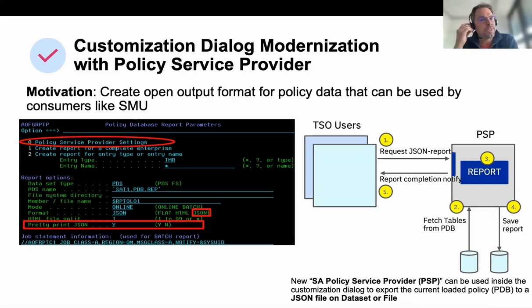For that, we have this policy service provider, a new component that is shipped as part of System Automation 4.3. As a first step, this policy service provider allows you to create reports of the system automation policy in JSON format, so an open format that can be consumed by different consumers.